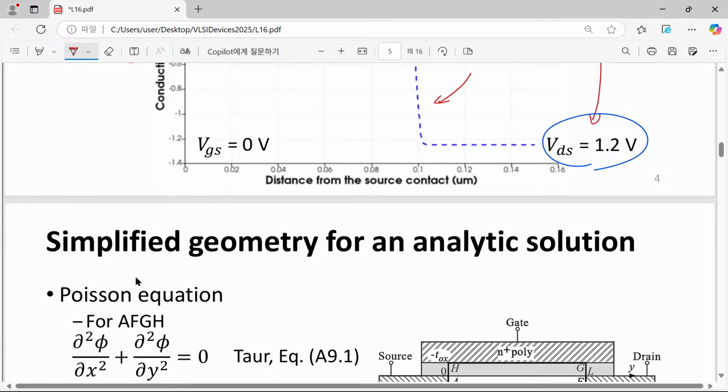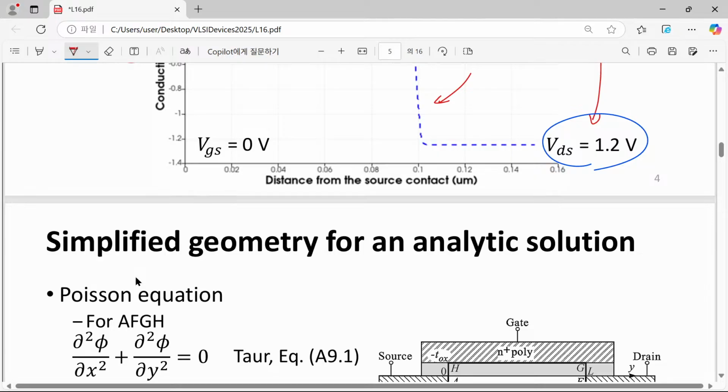If we have quite a short channel device, then even at low VDS value, we have threshold voltage reduction. And for that short channel device, when we further increase the drain voltage, we can observe even further reduction of our threshold voltage.